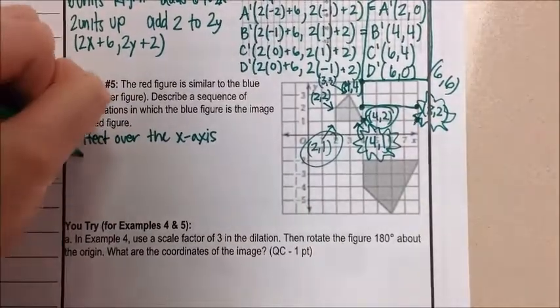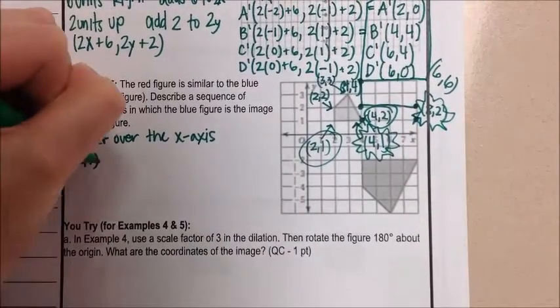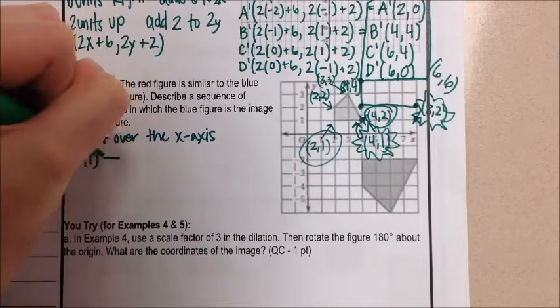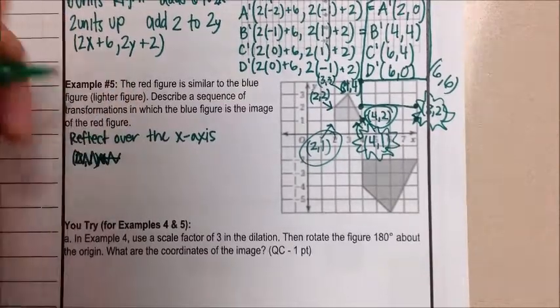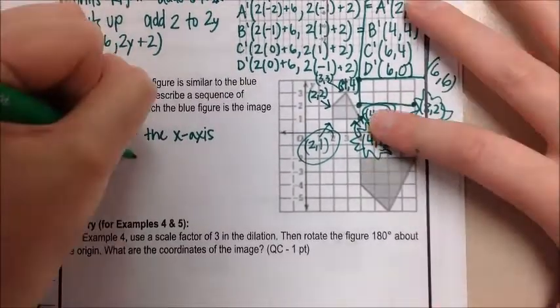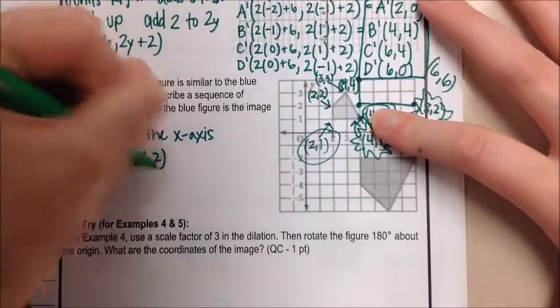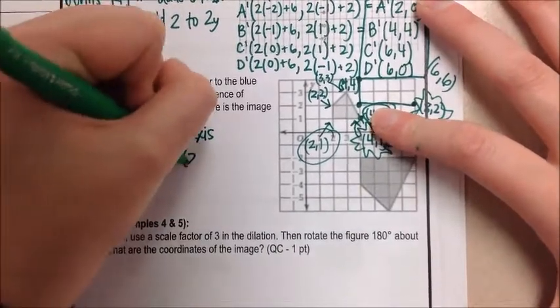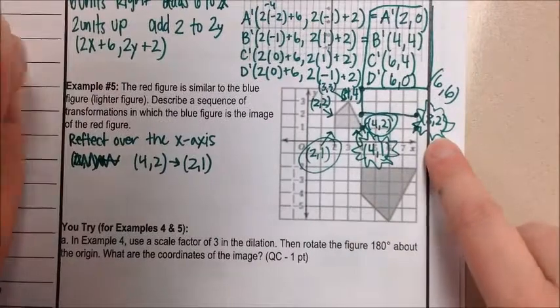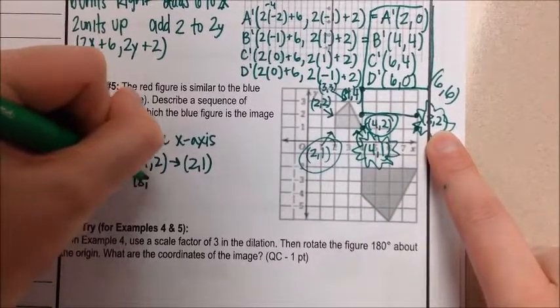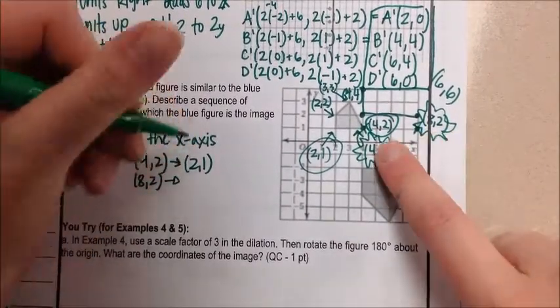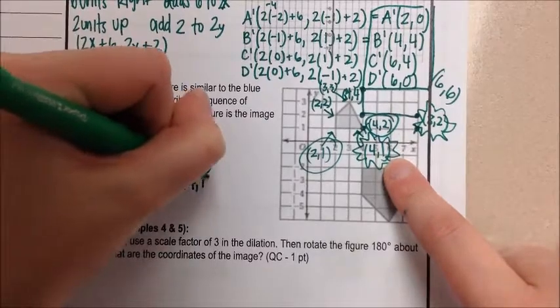So I'm going to write this. So 2, 1 came from, actually I'm going to write this in a different order. So I went from 4, 2. I need to go from 4, 2 to 2, 1. I need to go from 8, 2 to 4, 1.